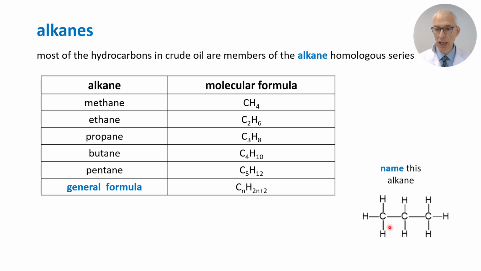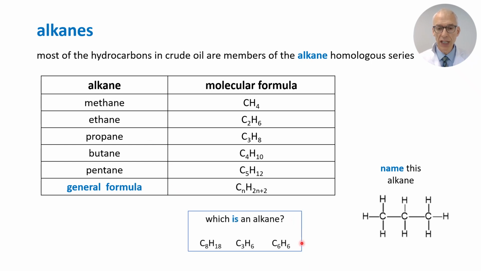Can you name this alkane? Okay, so the name of the alkane is, of course, propane, C3H8, if you add up the carbons and the hydrogens. Which of these formulas is an alkane? One of those three is an alkane. Which one?